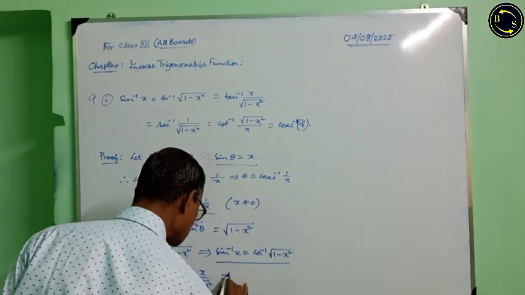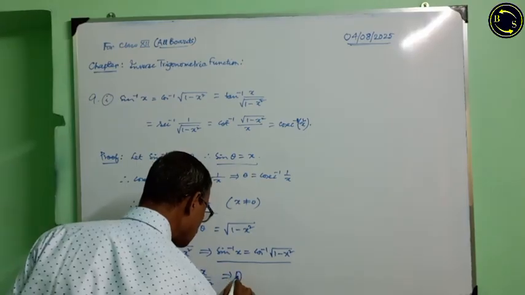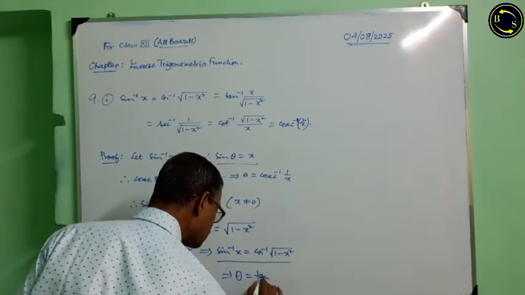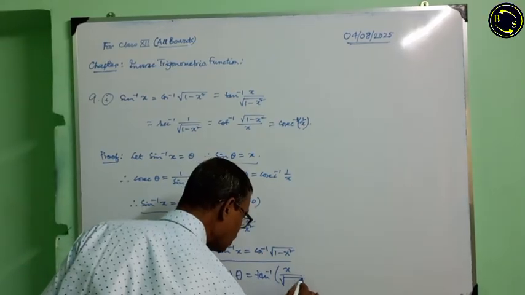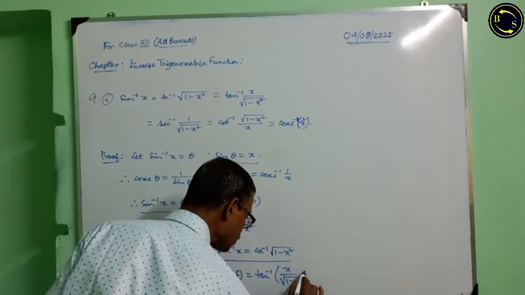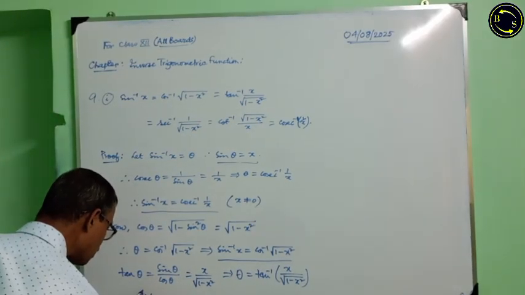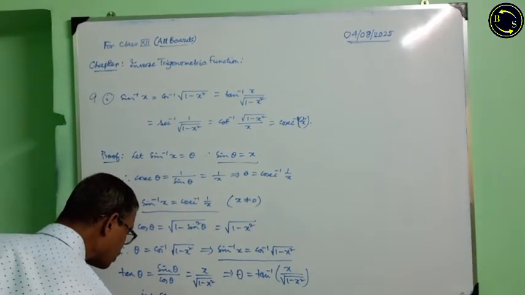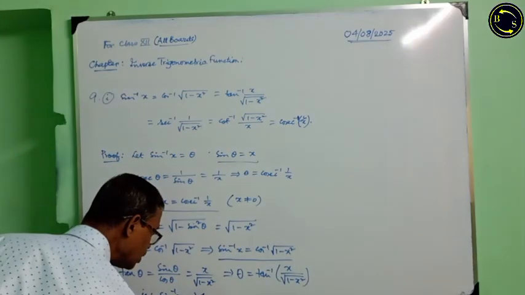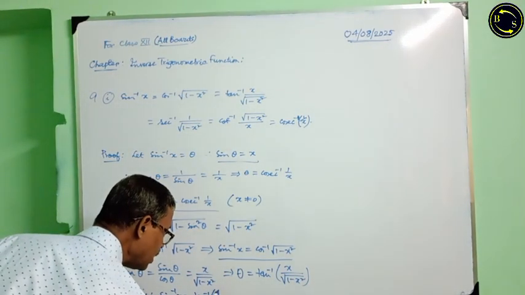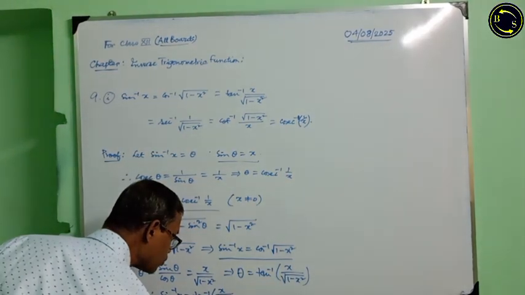From that, theta equal to tan inverse x by root over 1 minus x square, that is sine inverse x equal to tan inverse x by root over 1 minus x square.